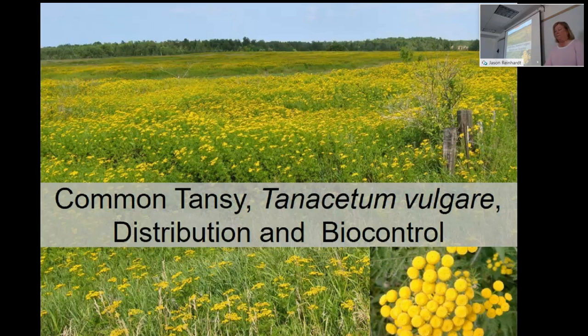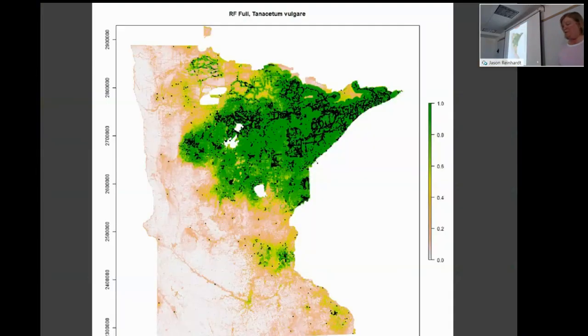So also a plant that has biological control in development is common tansy. And so this is another plant that has an interesting distribution. It's really focused on the Northeast, and that's where the largest populations are, but you're starting to see populations pick up in some other areas as well.